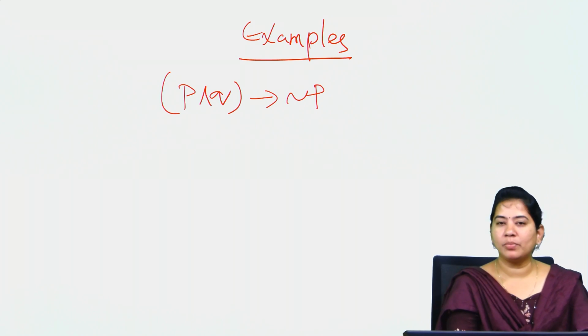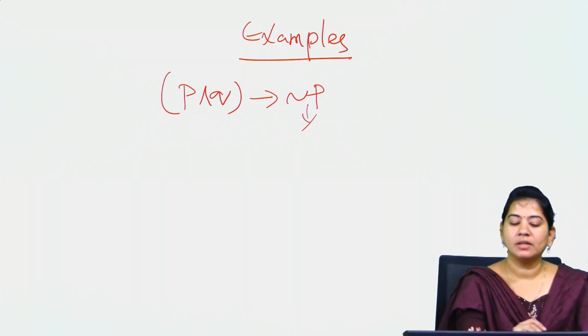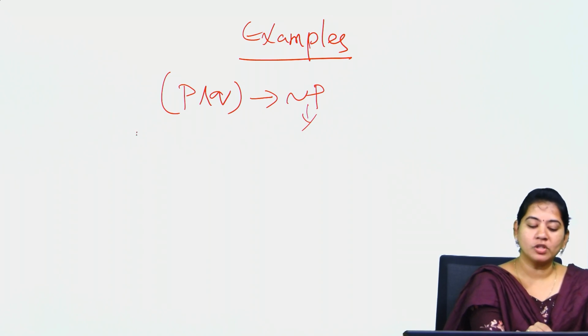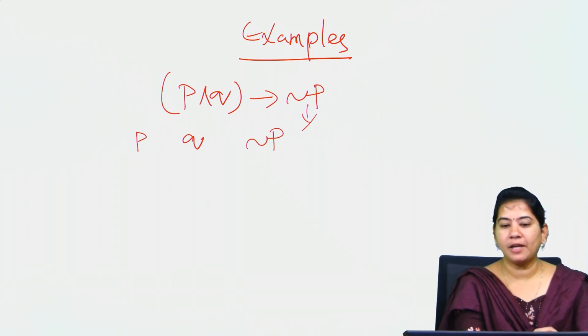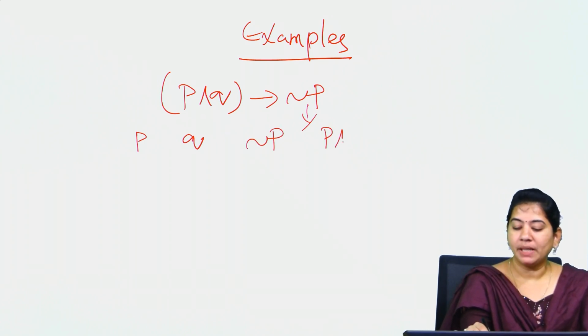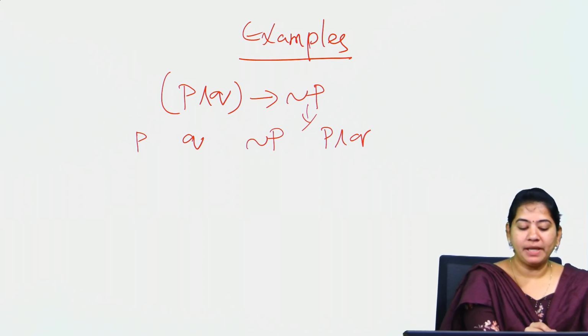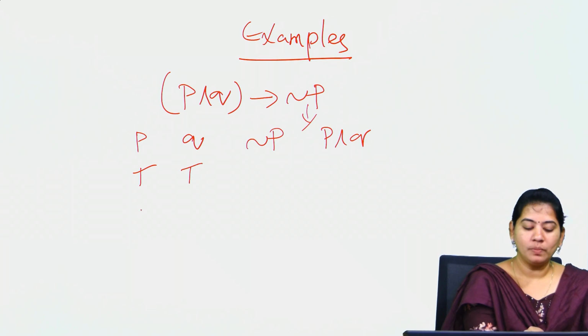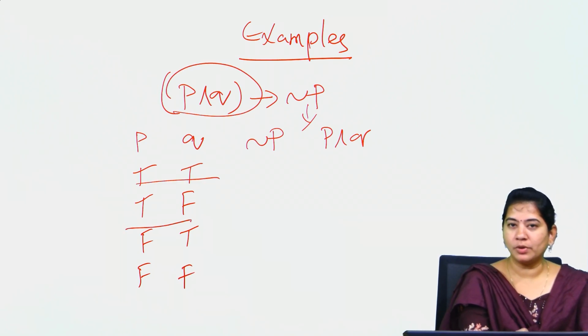This is one example I am going to consider, and the construction of the truth table for this is, so here we have two statements, that's why we will get P, Q, and also here we have another variable negation P, and here P and Q. So here if you observe, P is true, Q is true, this is true false, and here we'll get false true, and here we'll get false false. As we have only two statements here, we'll get four possible combinations.